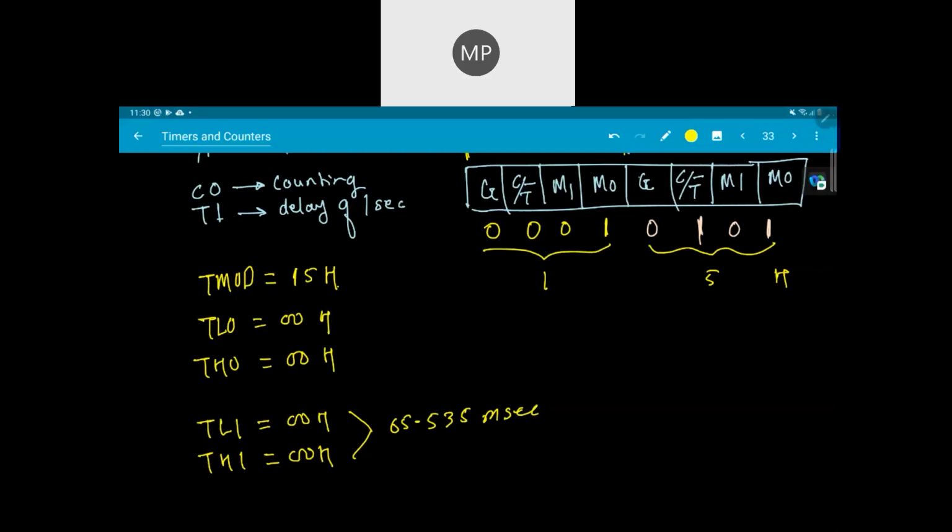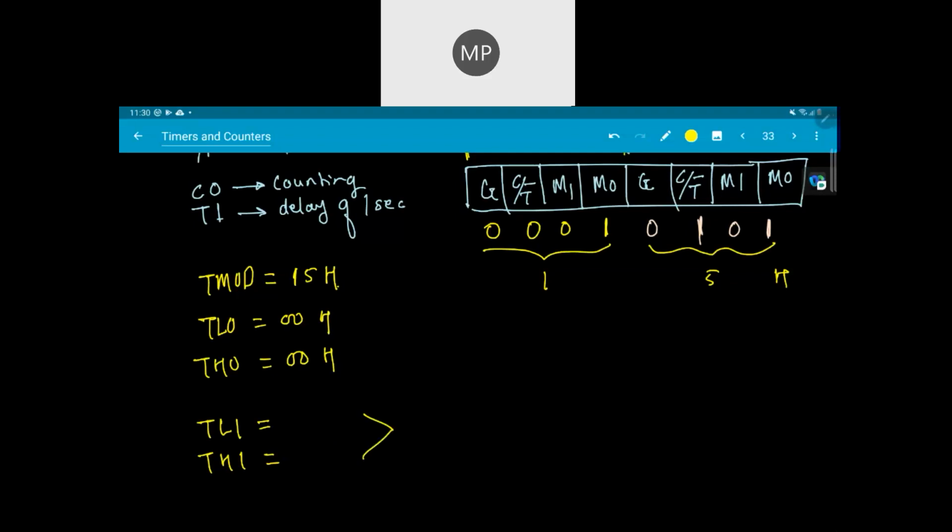But we have seen that if we use this complete delay, and calculate how many times to repeat it for 1 second, it comes to be like 15.21 something, right? And as we know, we cannot operate this loop in fraction numbers, so we decided not to load these values with 00.